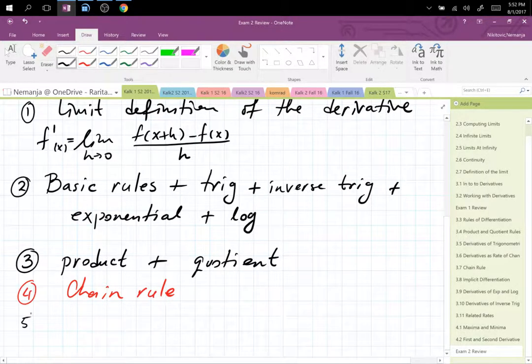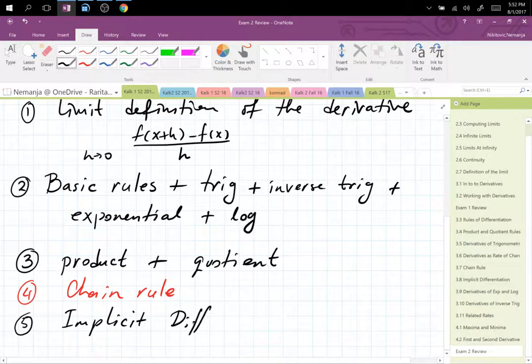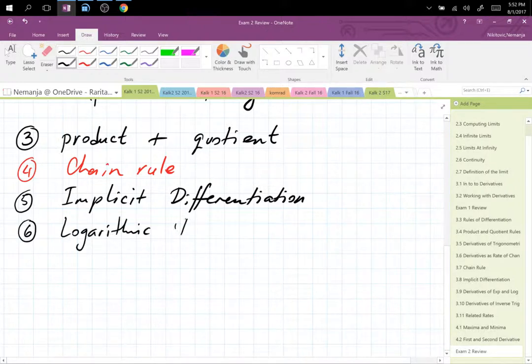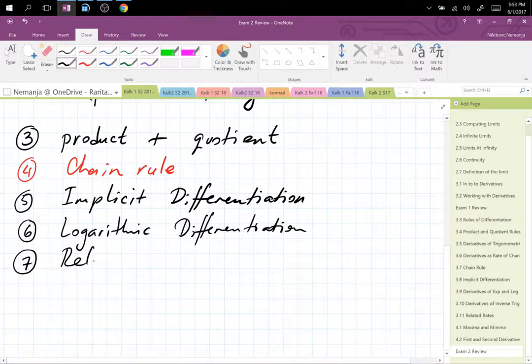Now, implicit differentiation. Number 6 is logarithmic differentiation. Number 7, related rates.